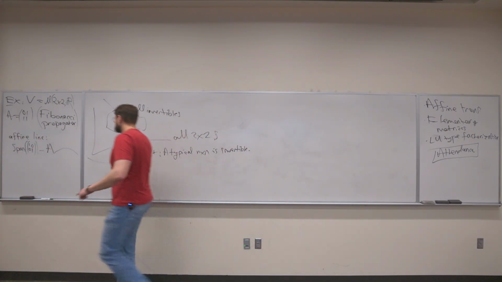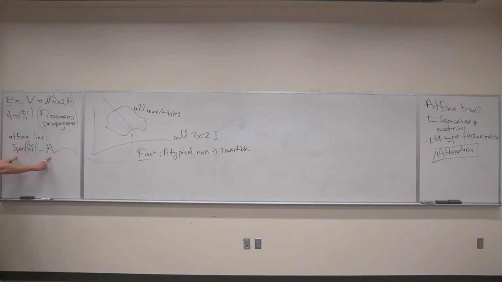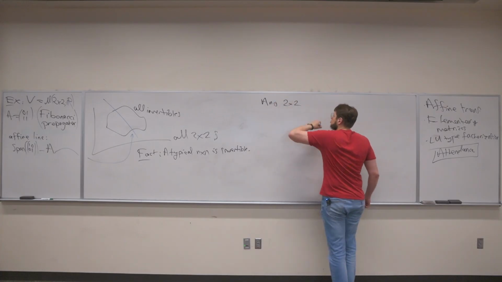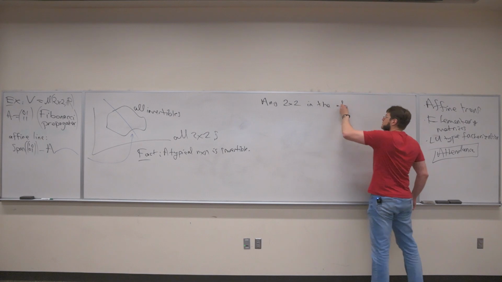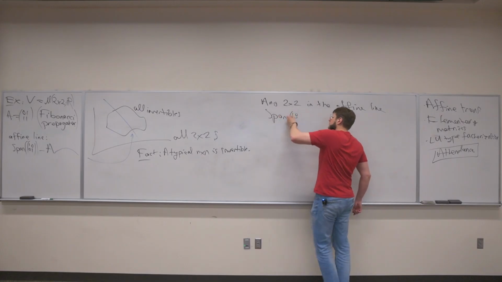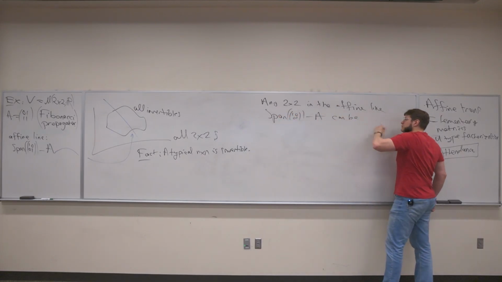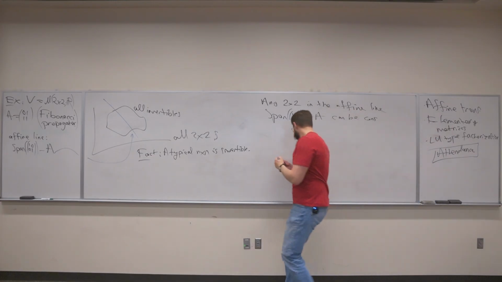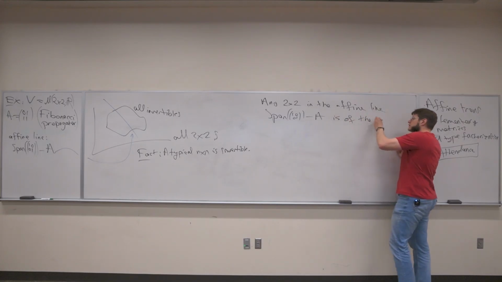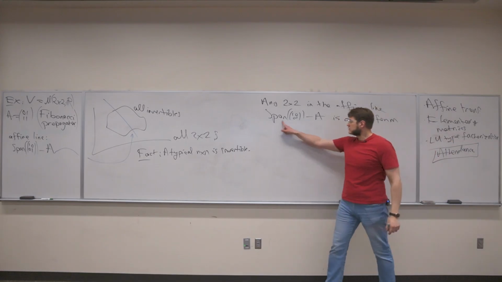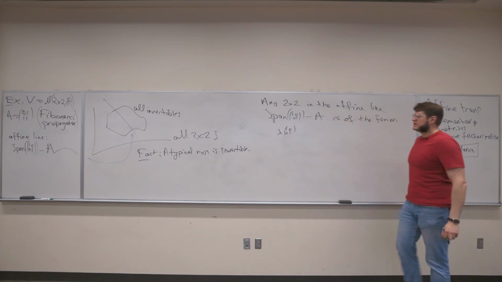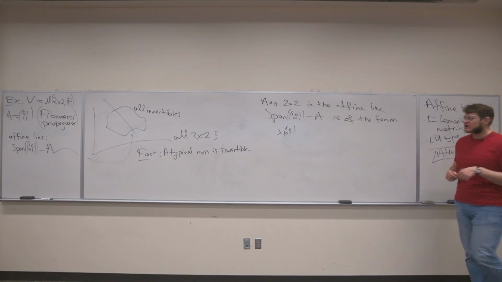Any 2 by 2 in the affine line, span of identity minus A, is of the form some scalar multiple of identity minus A. This is lambda, a Greek letter, the Greek analog for L. This is kind of tradition.